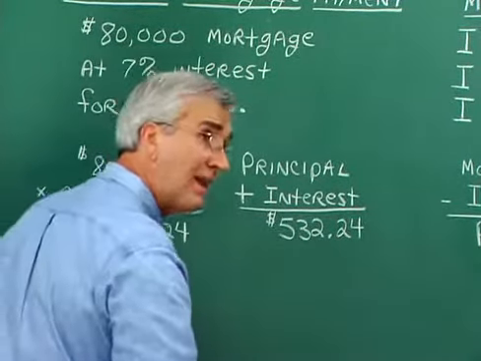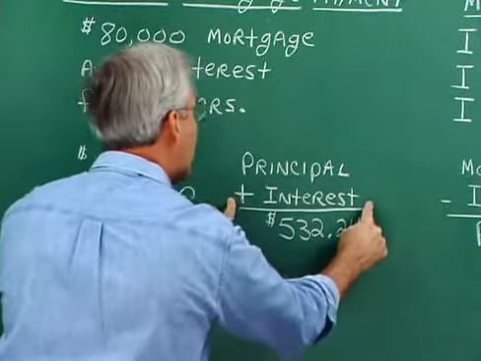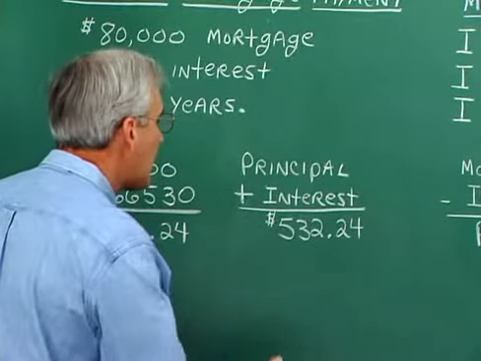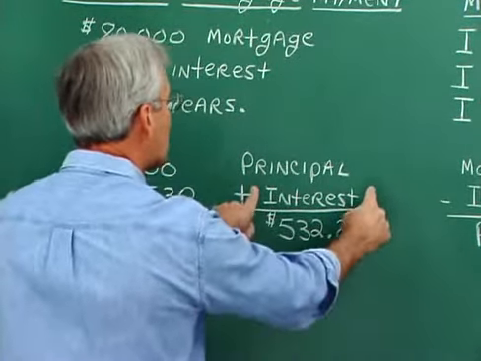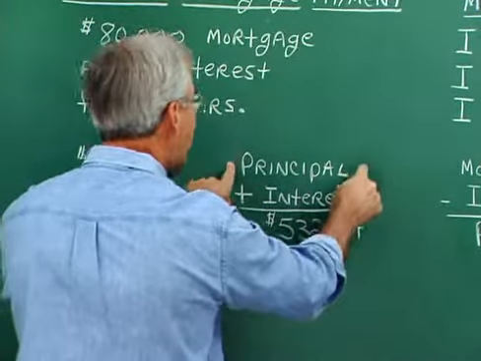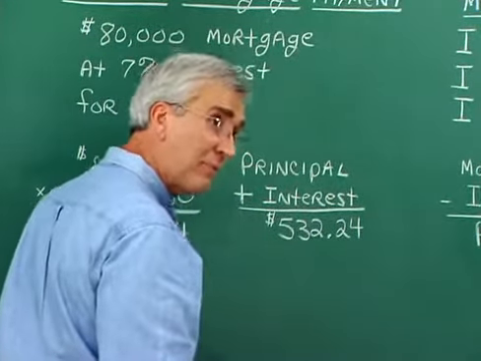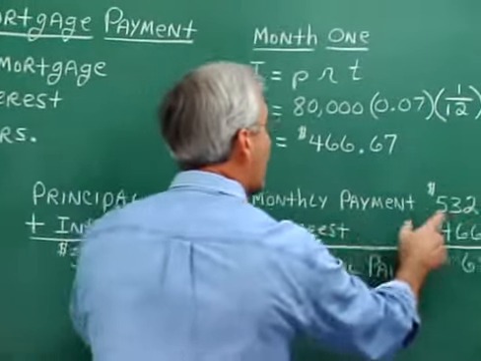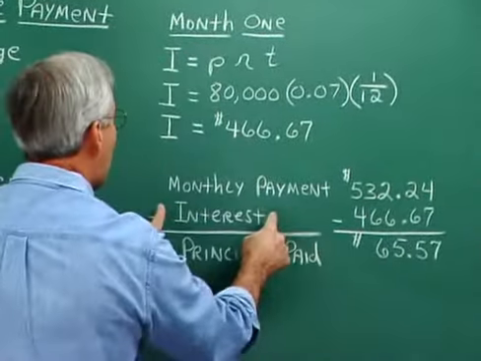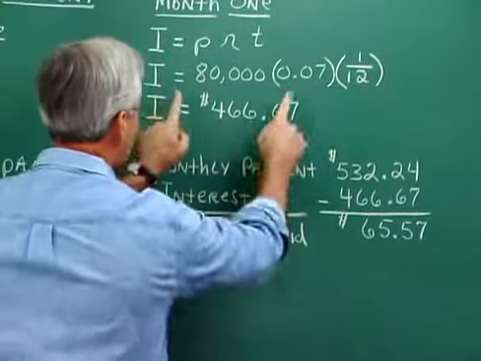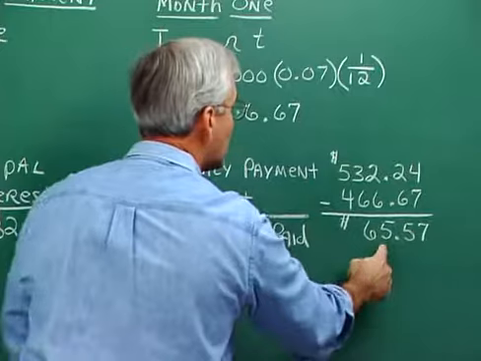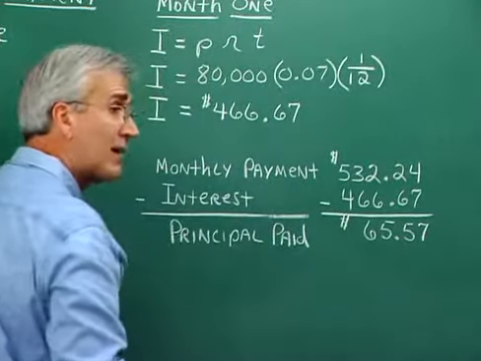Knowing that something plus interest is $532.24, we can take $532.24 and subtract the interest and find out how much principal is being paid during that first month. Let's do that. The monthly payment is $532.24. The amount of interest paid in the first month, we found up here, is $466.67, and the difference is $65.57.